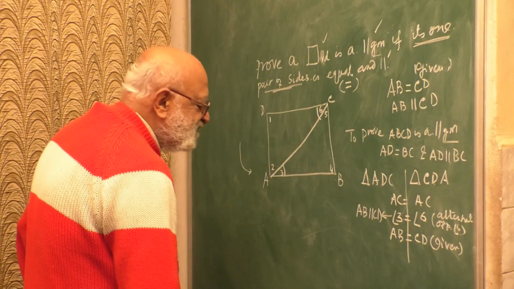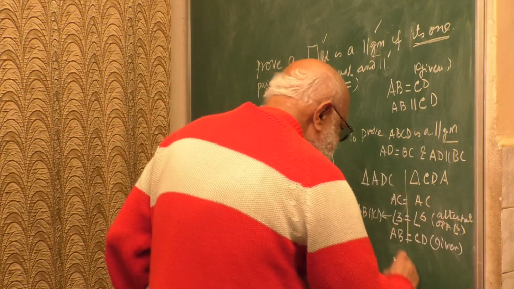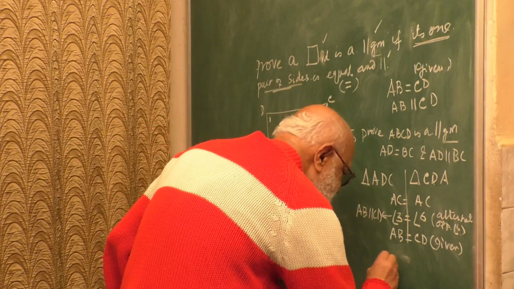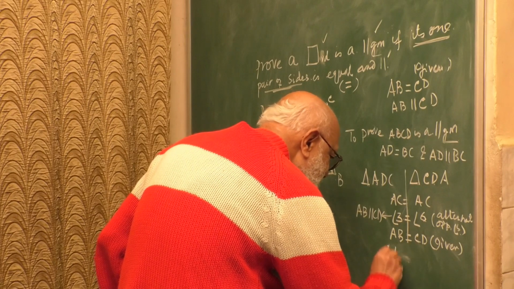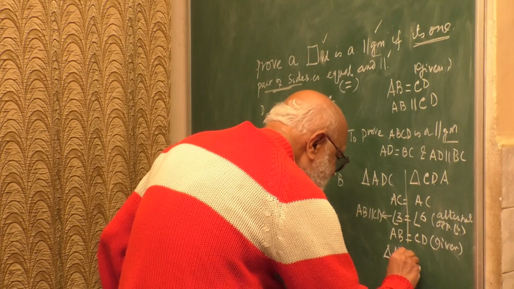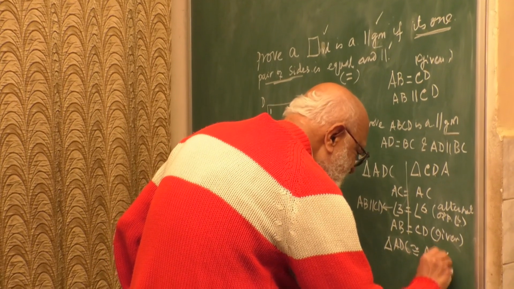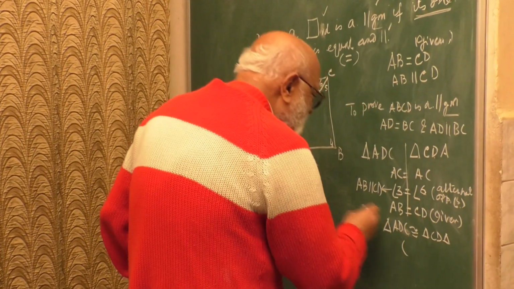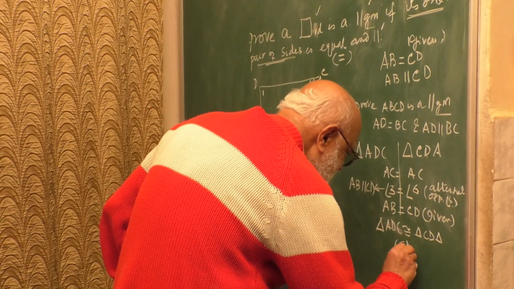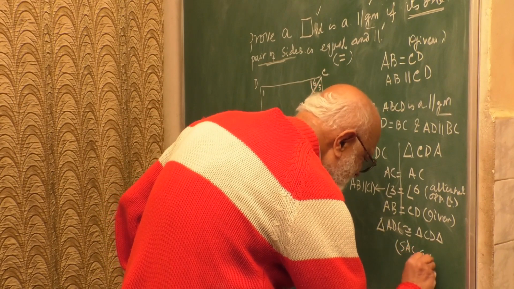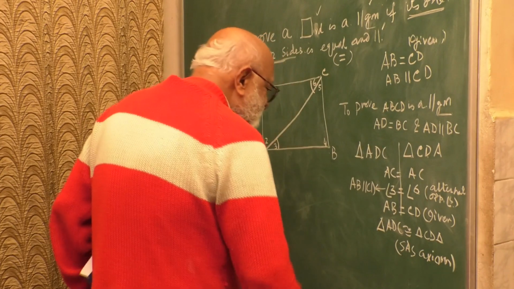This is done. So these two, if you see, this is side, angle, side. So these are congruent. So triangle ADC is congruent to triangle CDA by side angle side axiom. Okay, this is done.